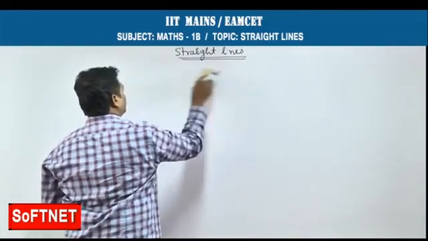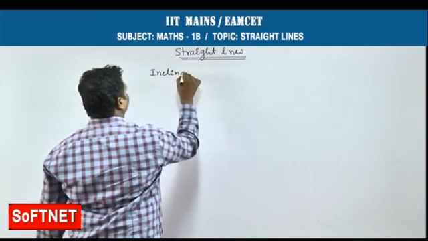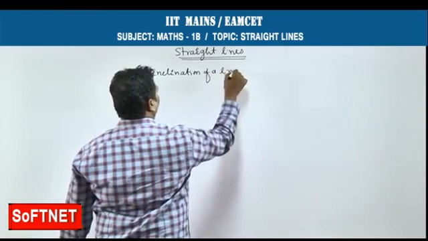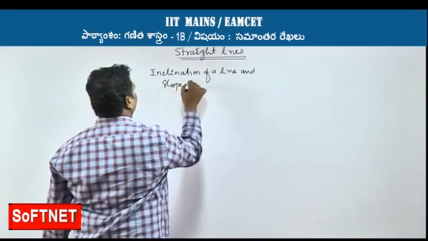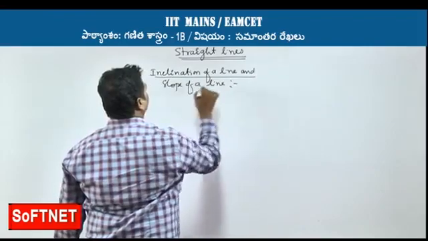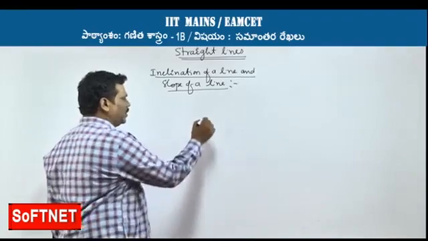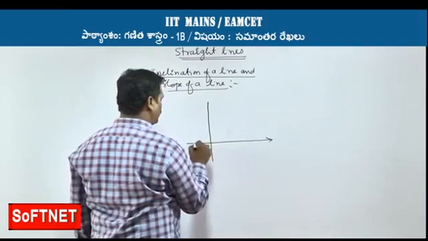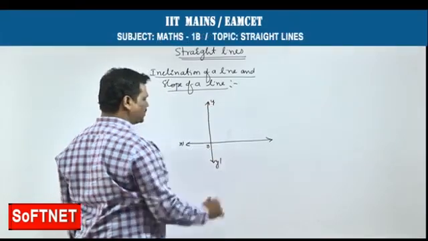And the next definition is inclination of a line and slope of a line. If a non-vertical line, this is x dash, and this is y dash.